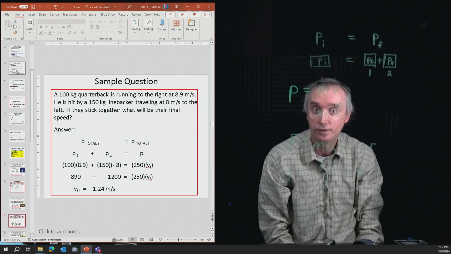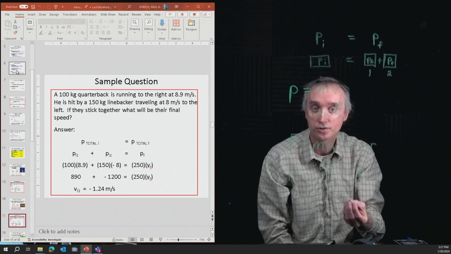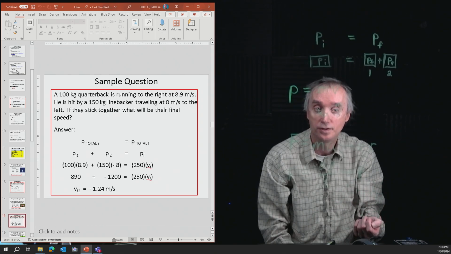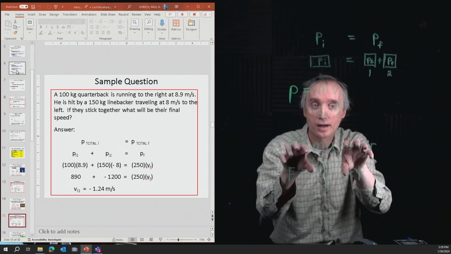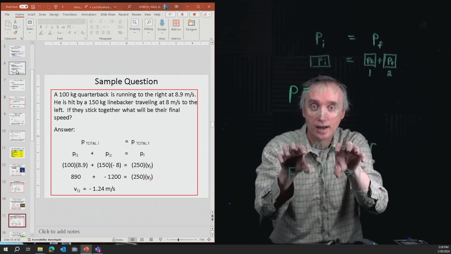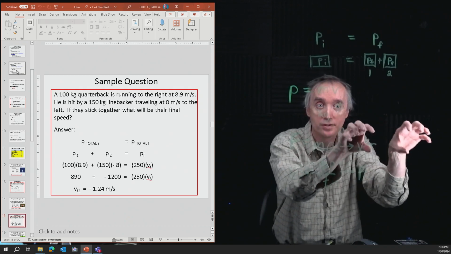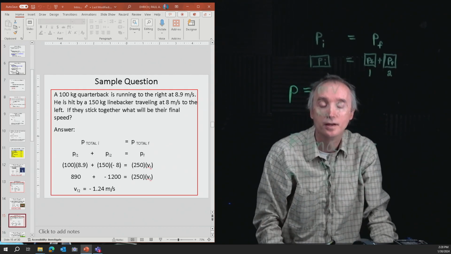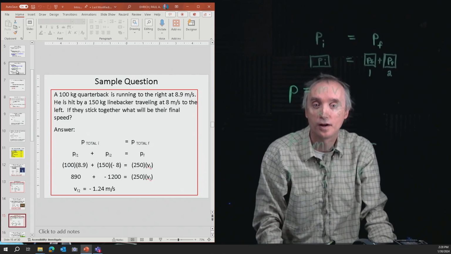What's going to be their final speed? We start by saying their initial momentum has to equal their final momentum. The initial momentum of the quarterback and the tackler has to equal the momentum when they're all stuck together. Plug in all of our numbers and then solve it for the final speed.